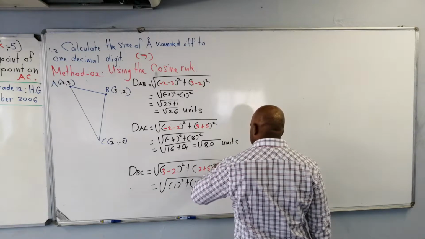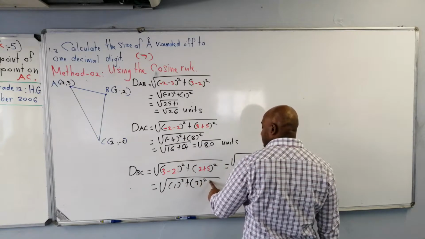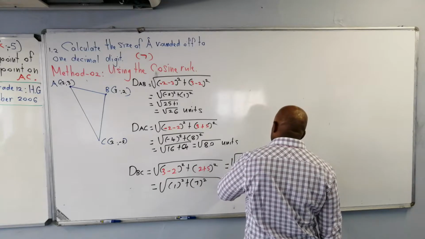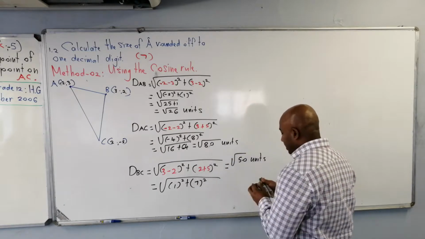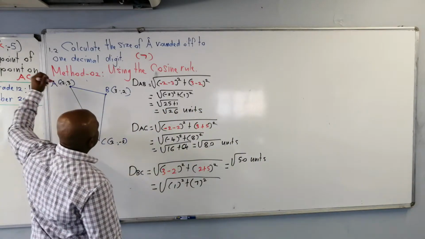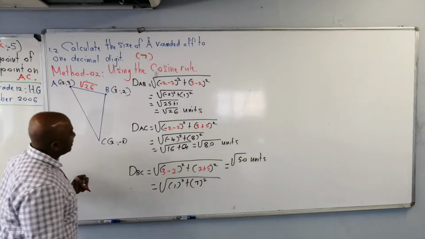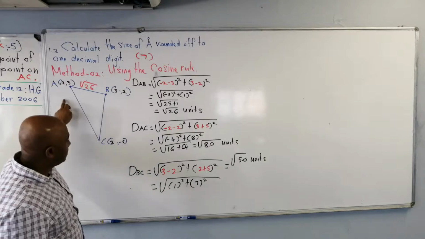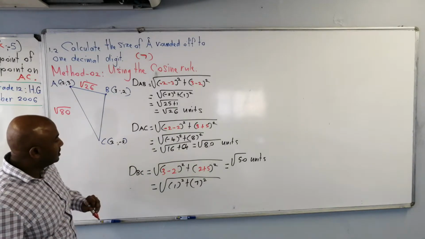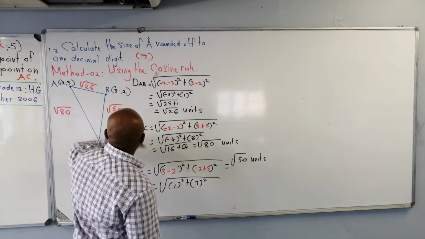So that's going to equal the square root of 1 plus 49, which is 50. Okay, so we found these three distances. AB was the square root of 26, AC is the square root of 80, and BC is the square root of 50.